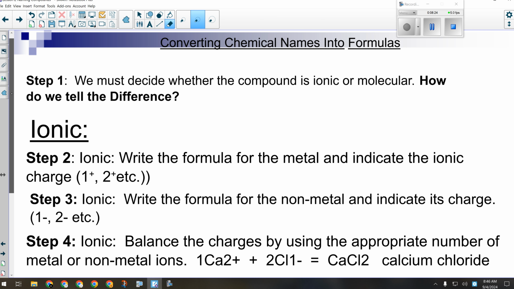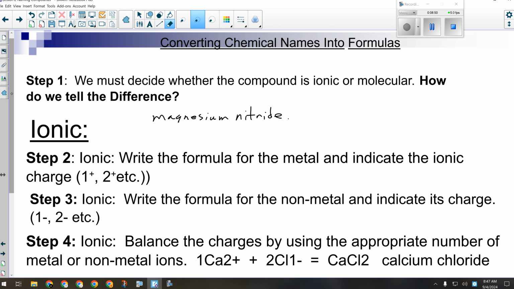So if I decide the compound is ionic, let's say I was given this compound here. I was given that name and I was asked, write the formula for this compound.